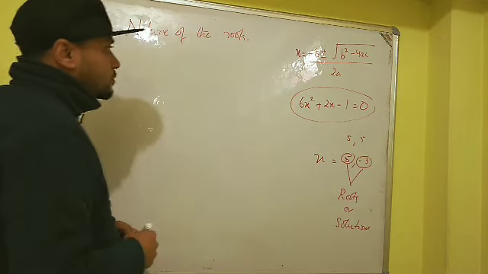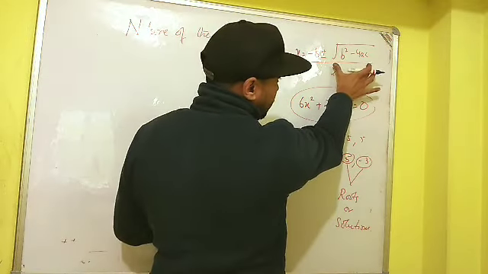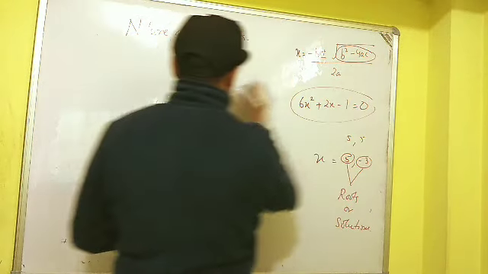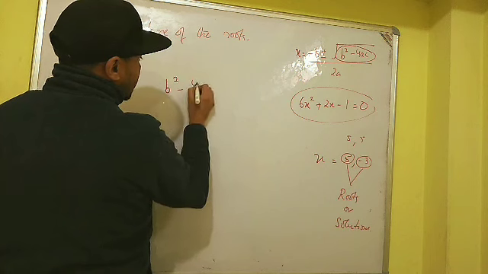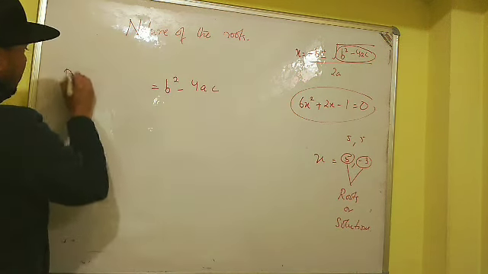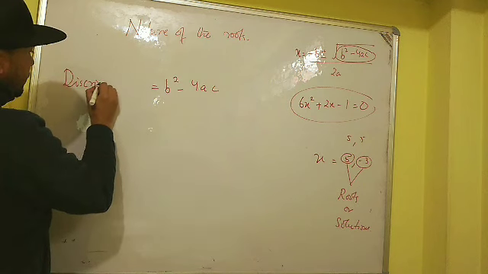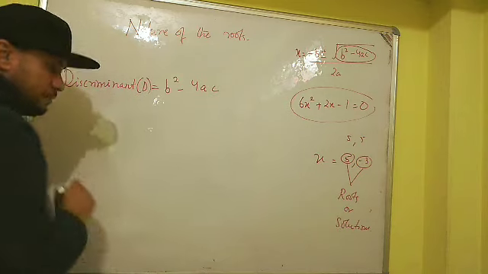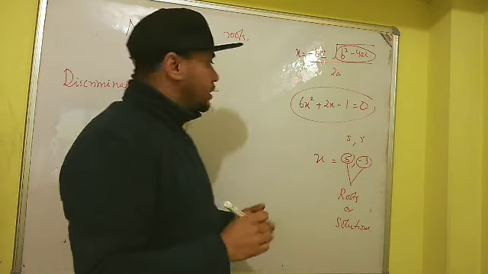So in that case, if you look at the Sridhar Acharya formula, the value inside the root, b squared minus 4ac, is called the discriminant, and this is denoted by D. Alright, so the same thing we'll do here.